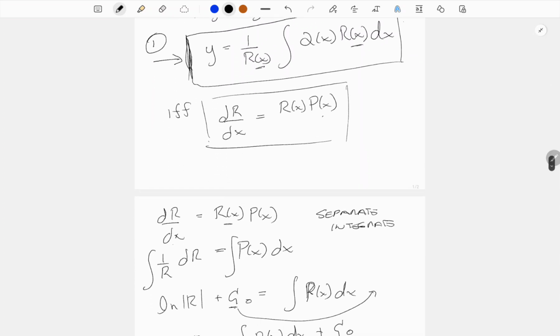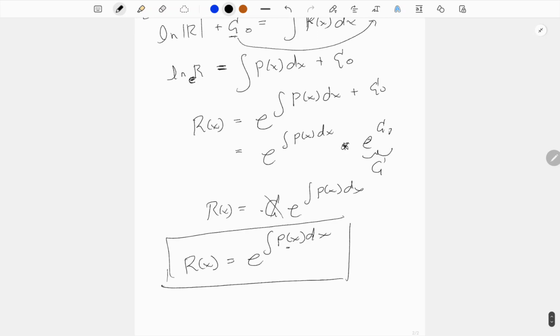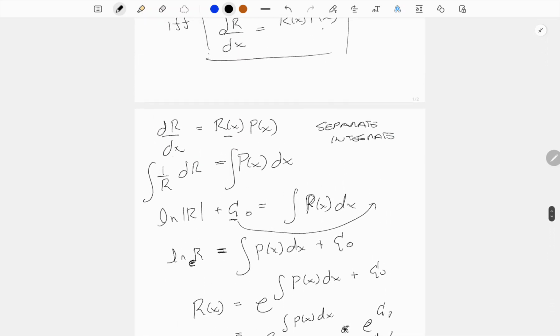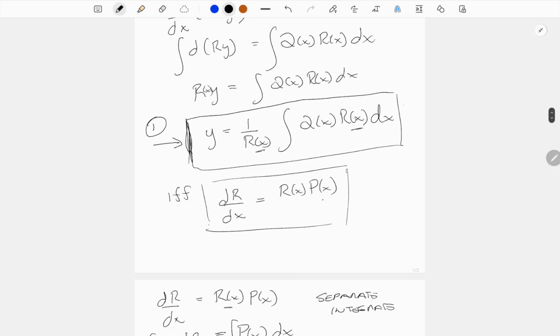So you have equation number 1, and then you have equation number 2. Really, first you start off, you solve for r in this way, given p of x. You take r and plug r into equation number 1, and you're done.